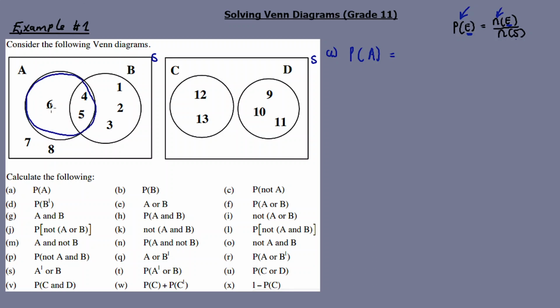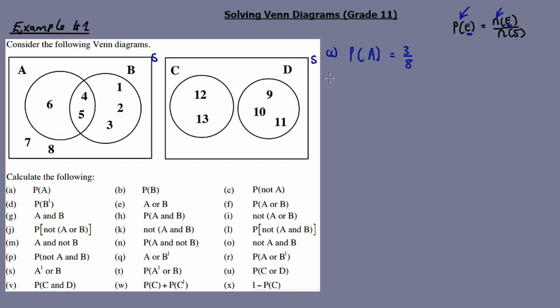So the number of outcomes within event A is 1, 2, 3 outcomes. So it's going to be 3 divided by the number of outcomes in the rectangle in total. It's 1, 2, 3, 4, 5, 6, 7, 8 in total. So it's going to be 3 over 8.